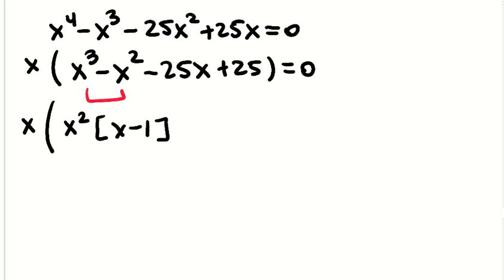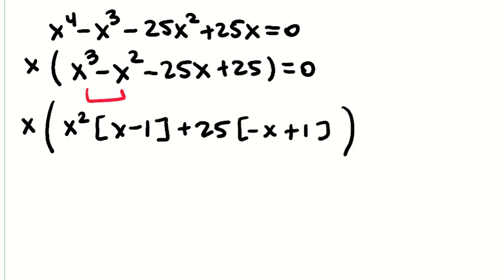And then on the second one, I see this 25 in common to both. So maybe I would factor out a positive 25, and I'd be left with a negative x plus 1. But with group and factor, we need this to be the same as that. So this isn't working.